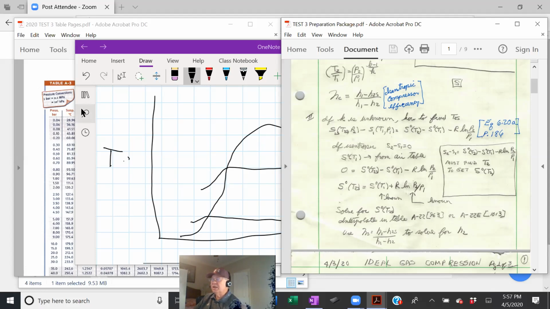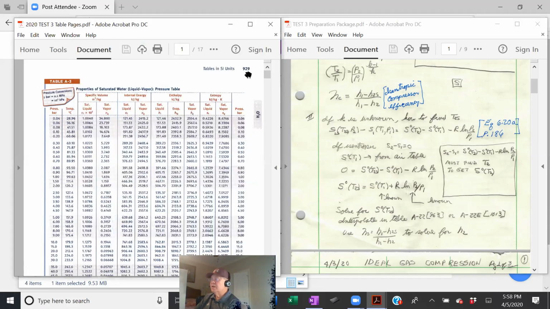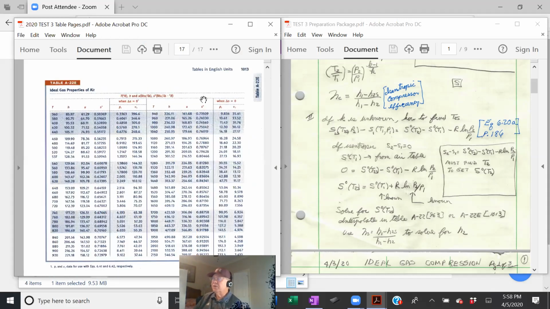So let's look over at our tables now. This is for air in English units, but it's the same for metric units, the same structure. So we look over here and we've got temperature. We've got H. We know H is a function of temperature only, so the H values are given, the U values are given. But look, here are the S0 values. That's not the whole story for entropy of the gas.